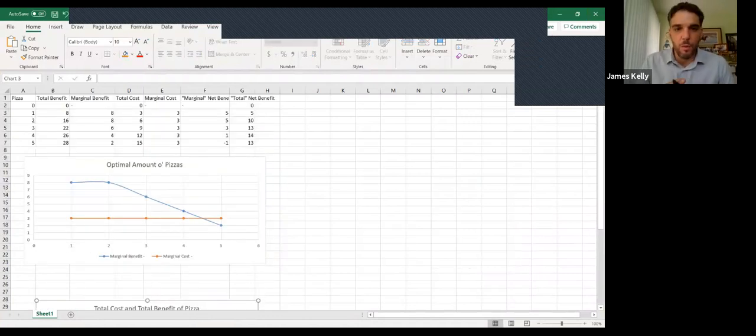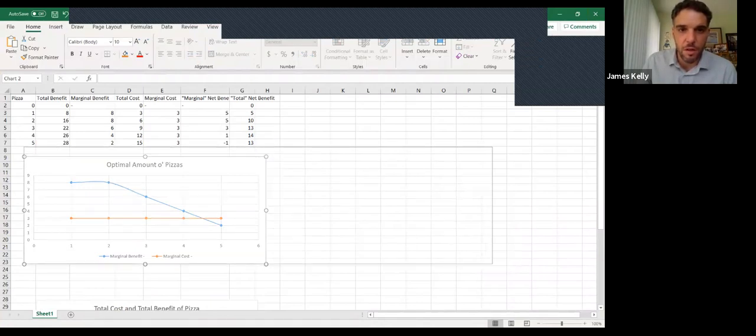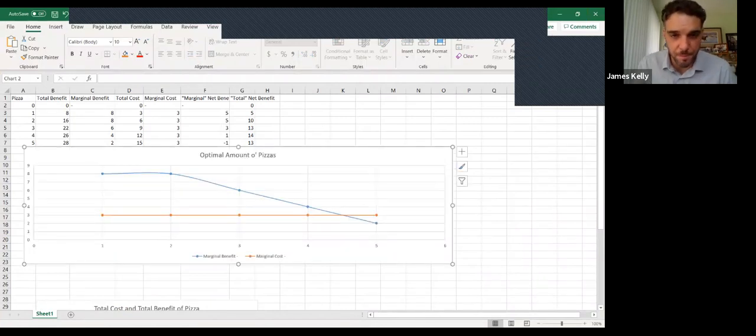When we look at the optimal amount of pizza, we found that it's about 4.5 slices. If you could buy a half slice, the optimal amount would be 4.5 slices, but because we can't consume half slices, we only buy 4.